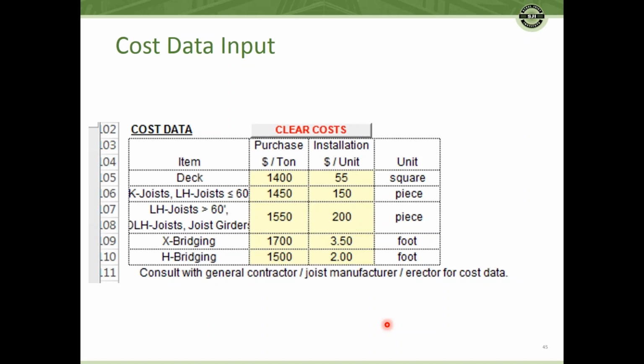You can see that the installation of X bridging is $3.50 per foot, whereas horizontal bridging is $2. So you can update that from whoever you are in good graces with, and we'll give you some of their rough numbers.